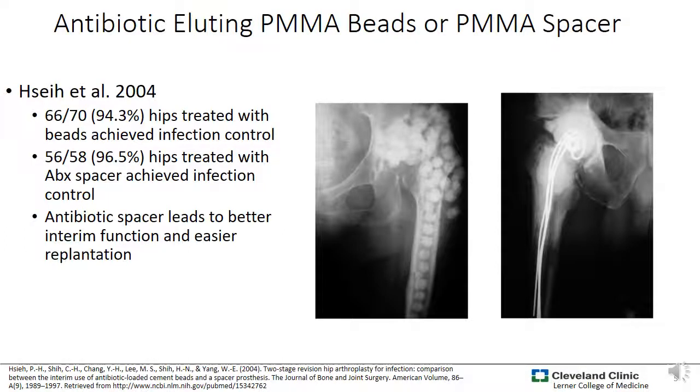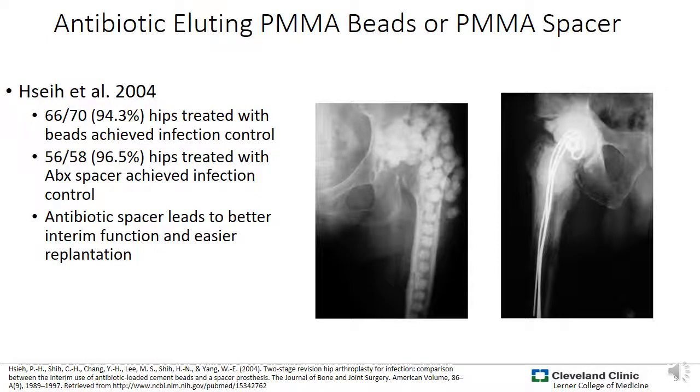The main method of doing this has evolved to be the use of cement, or polymethyl methacrylate cement, either in the form of beads or in the form of a spacer that is placed into the joint after the removal of the implant. This spacer then elutes antibiotics into the deep tissues in the joint space.